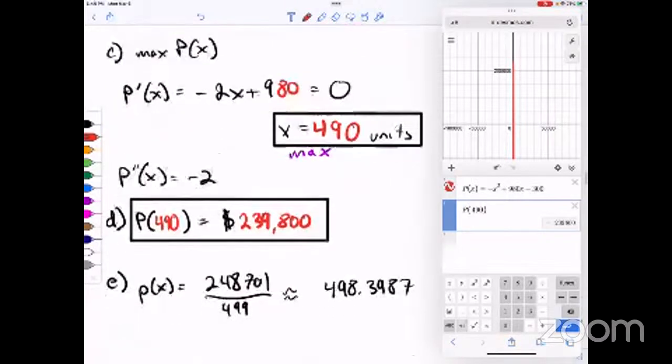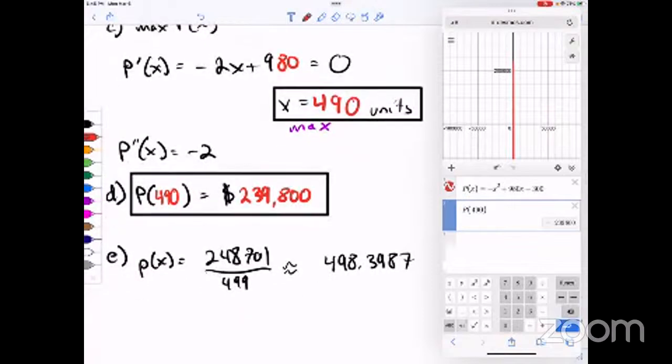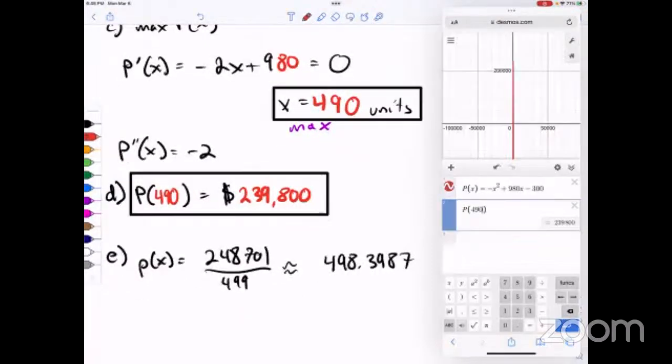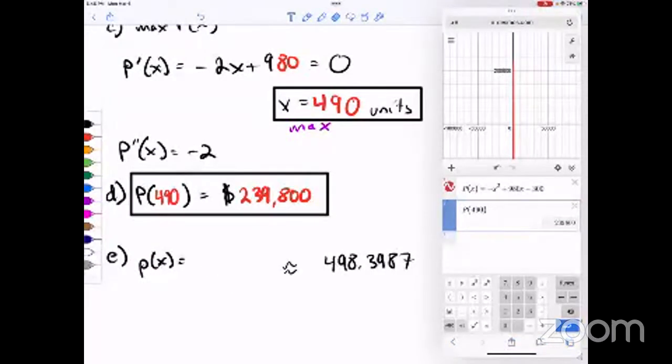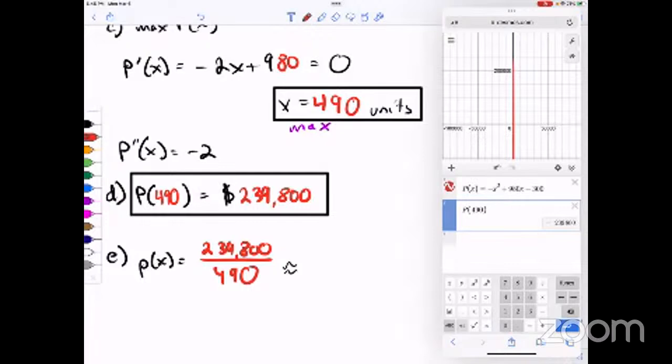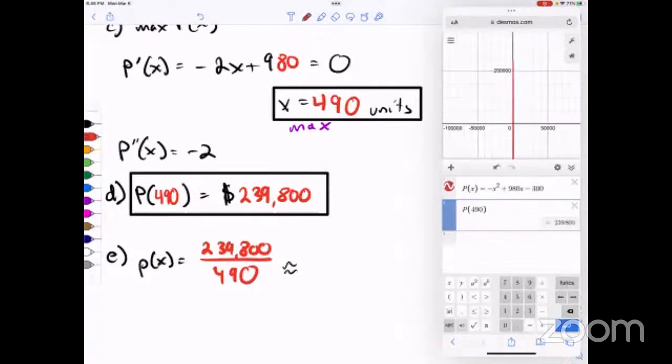All right. And then price per unit. This as well. So we're doing 239,800 divided by 490. Hey Siri, what's 239,800 divided by 490? 239,800 divided by 490 is approximately 489.3877.